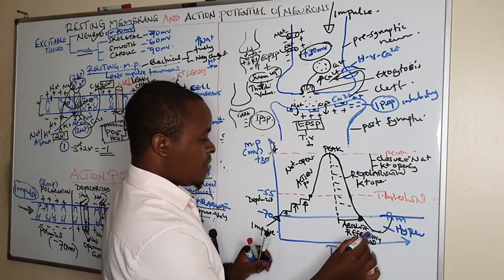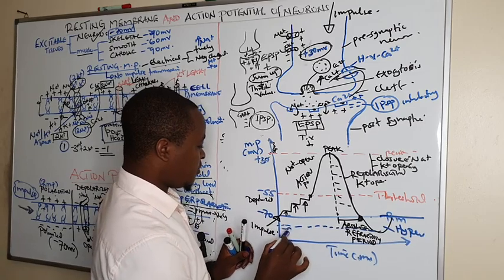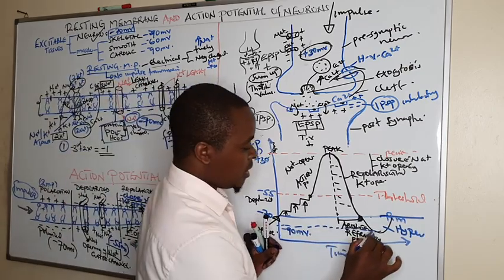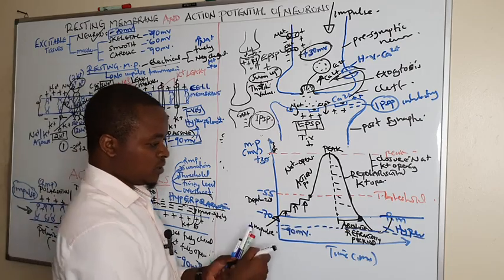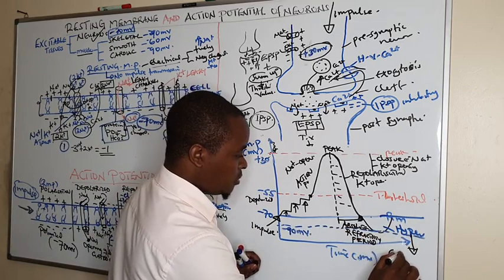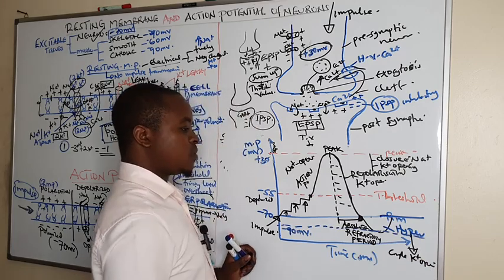Hyperpolarization occurs at negative 90 millivolts for neurons, due to the complete opening of the potassium gated channels.